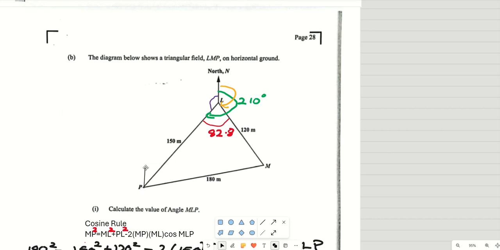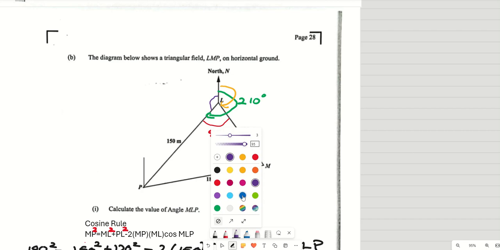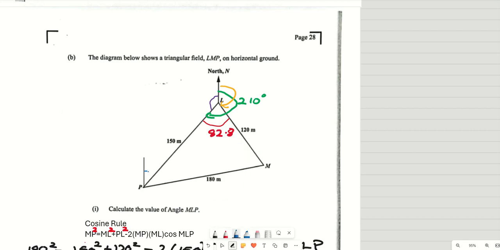Let's draw it straight up. All right. So they're basically telling you to find, I'll use blue, this angle here. Again, we know that your two north lines are parallel, so my purple angle and my blue angle are interior angles. Hence, when you add them up, it equals 180.